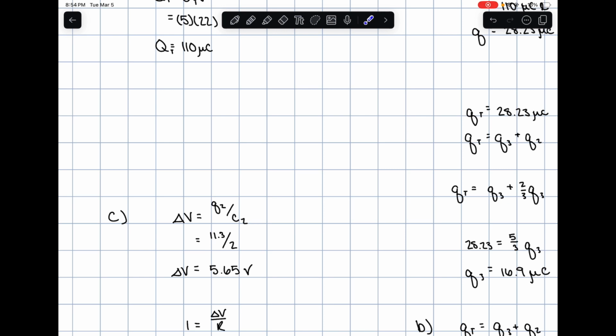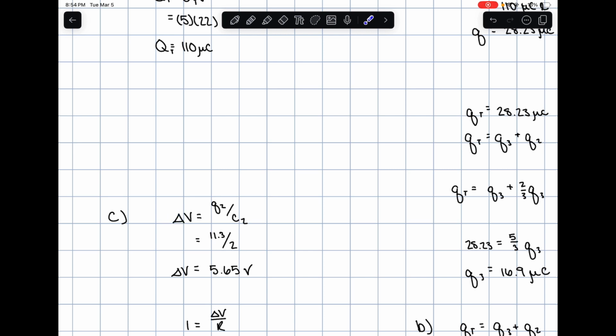However, once again, since the three devices are in parallel, we know they will all share the same voltage. Since we already know the charge and capacitance, we can use either the 3 microfarad capacitor or the 2 microfarad capacitor to find the voltage. In this case, I chose the 2 microfarad capacitor.